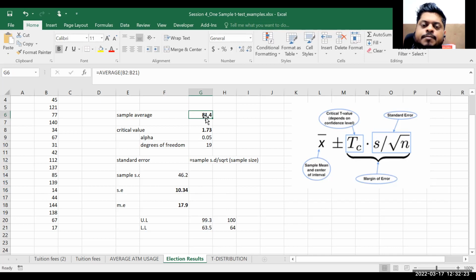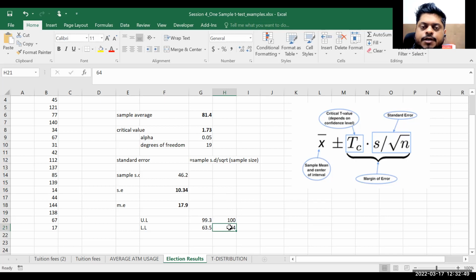That's how it is giving a very big range. So it can be anything between 64 to 100. But if I've collected the same information, same mean, from 10,000 locations, 10,000 respondents, 10,000 voters, then my range would have been smaller, right? That's how your sample size impacts your margin of error or standard error.